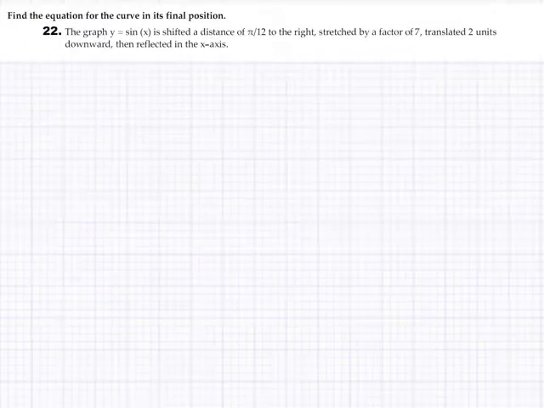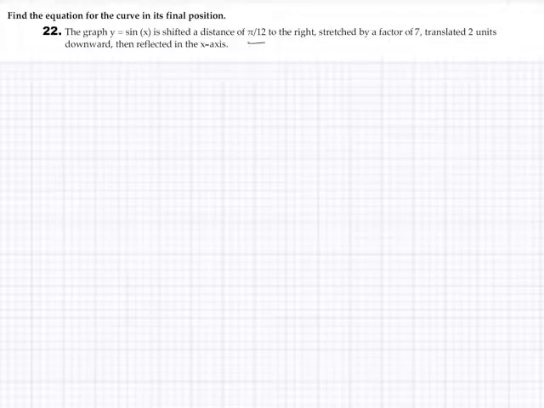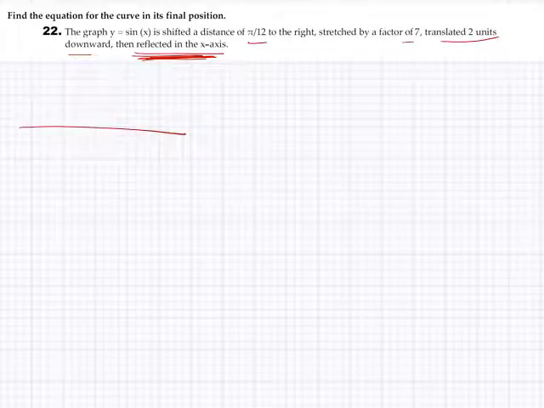So here we want to graph the sine function shifted pi twelfths to the right, stretched by a factor of 7, translated 2 units downward, then reflected across the x-axis. And this is a big key. It's reflected across the x-axis last. So thinking about it, if we're going to translate 2 units down, so we have something that we're going to move 2 units down, okay?